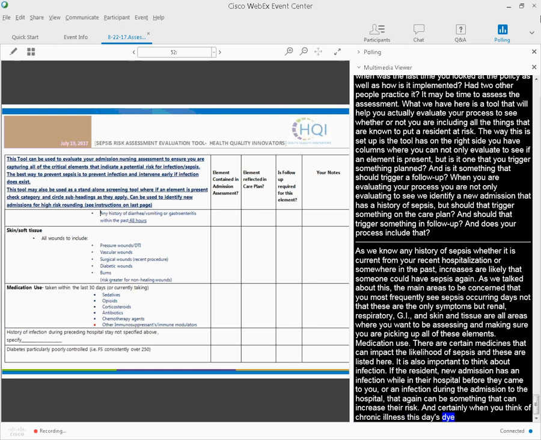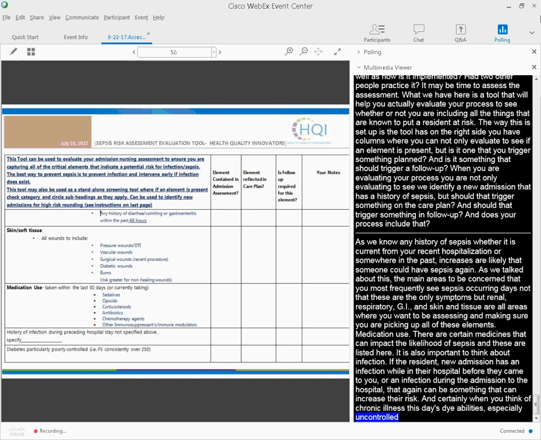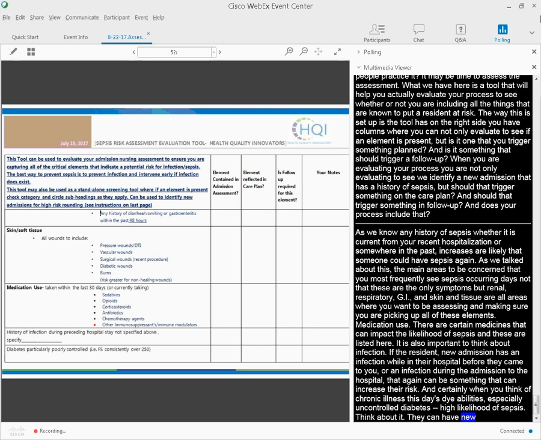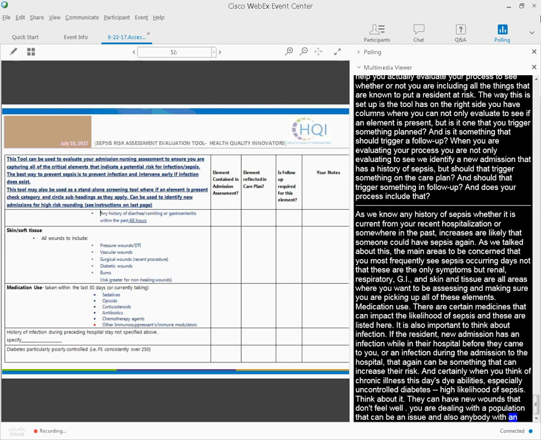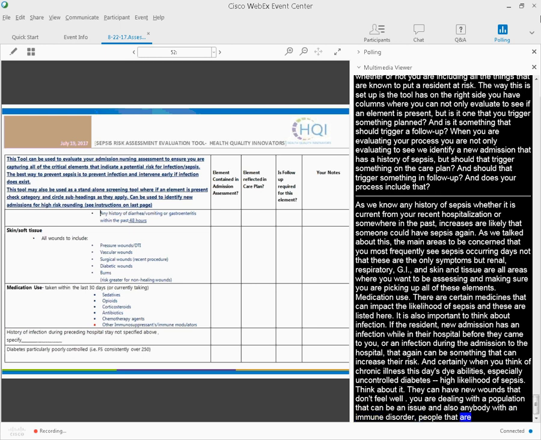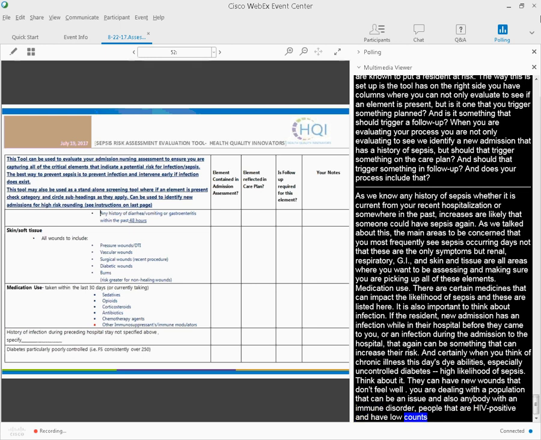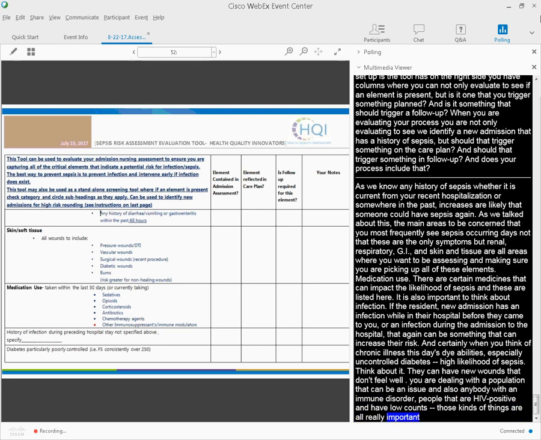Skin problems are also a concern, because wounds don't heal very well. And anybody with an immune disorder, people who are HIV positive and have low counts, those kinds of things are all really important, because those people, if they get an infection, are more likely to develop sepsis. Next slide.